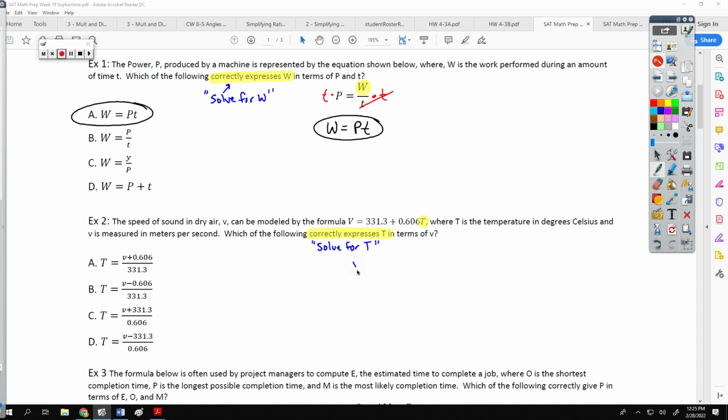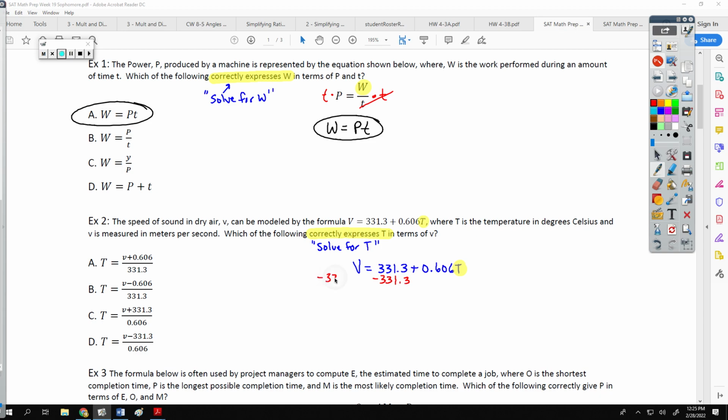So we bring that equation down here, V equals 331.3 plus 0.606 T. If we are trying to get T by itself, then we first need to remove all other terms that are not T terms from that side of the equation. So our first step would be to move the 331.3.